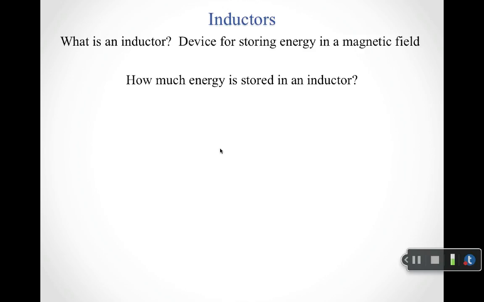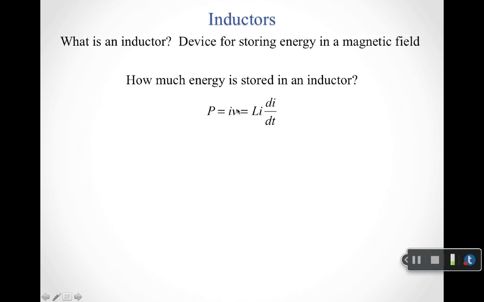All right, well again, fundamentally we said inductors store energy within a magnetic field, so how much energy is stored within an inductor? And we'll start by thinking about the power. So we know that the power is the time rate of change of the energy, and I can calculate that for any of my circuit elements by thinking about the current times the voltage, so IV.